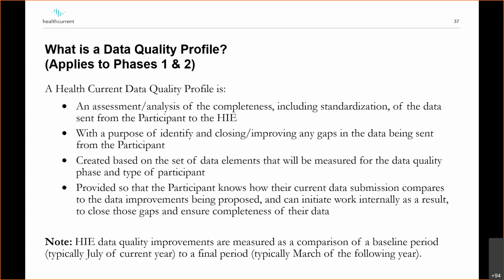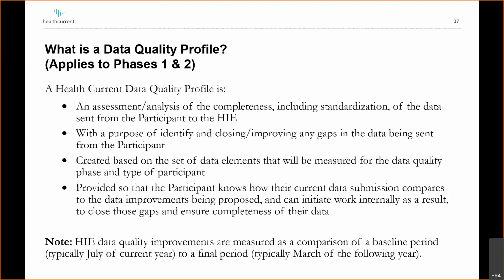Before we run a data quality profile, obviously, we have to identify what areas of the data being sent from a participant to the HIE we want to analyze. So we have to determine a set of data elements that will be measured, by the type of participant. The only set of participants we've done this with so far is hospitals, and I'm going to show you how their data quality profiles were done and what they look like.